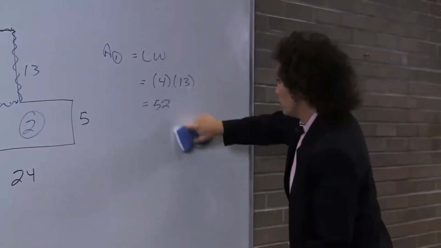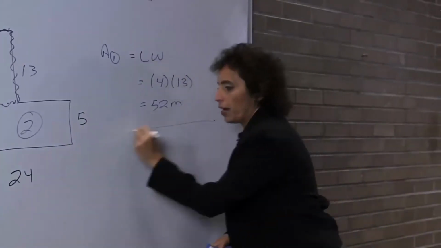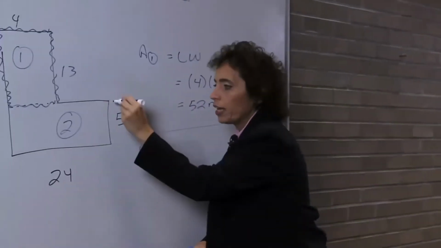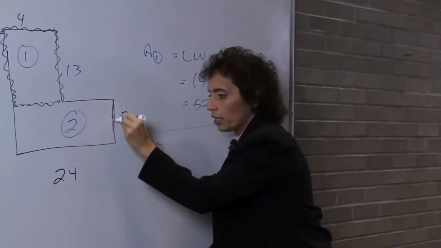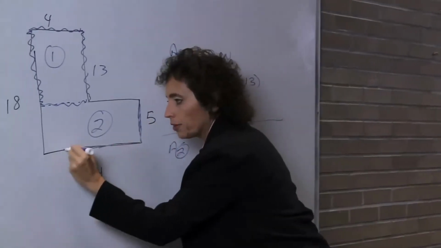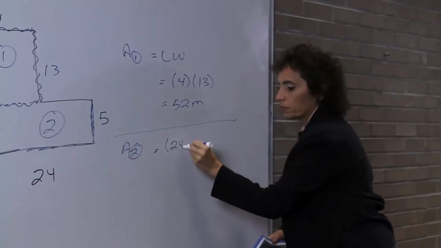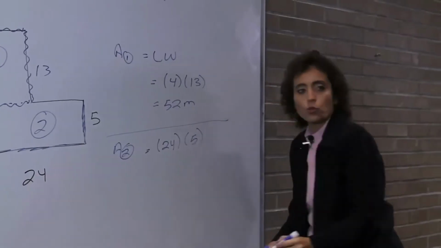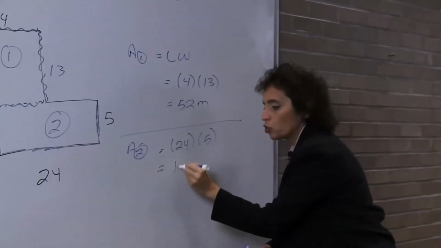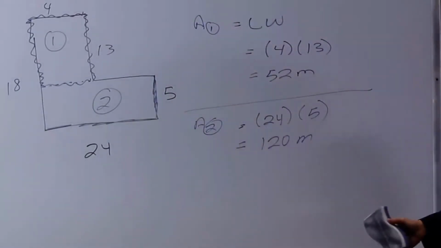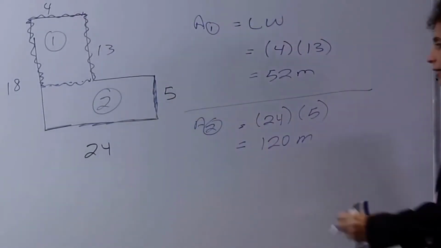Here, for area 2, okay, I need length times the width. Here's the width, here's the length, so it's 24 times 5. 24 times 5 is 120 square meters. Now all I have to do is add that up, and I got the total area I need.